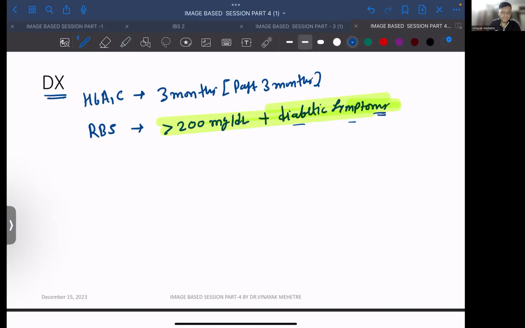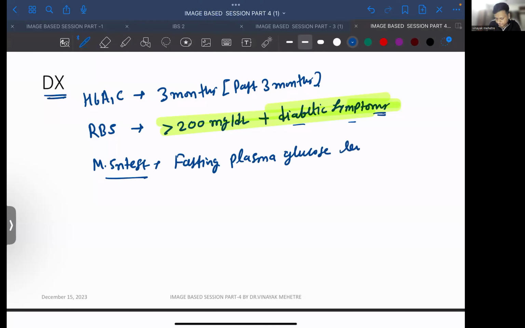मोस्ट सेंसिटिव टेस्ट कौन सी होती है? Anyone? It is fasting plasma glucose level.